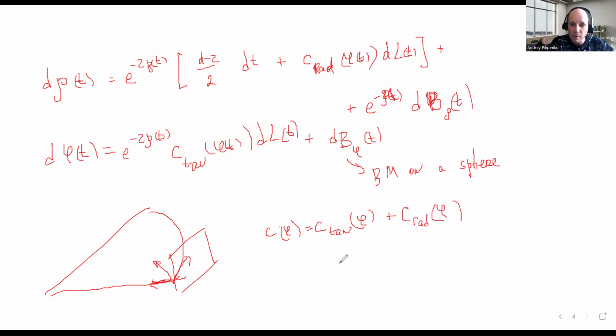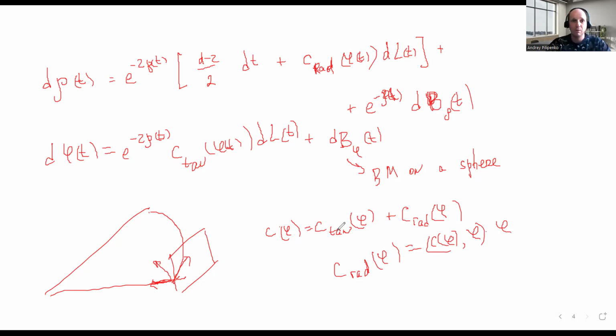So this radial vector field is just the scalar product C phi times phi, and this is the difference. They are orthogonal.